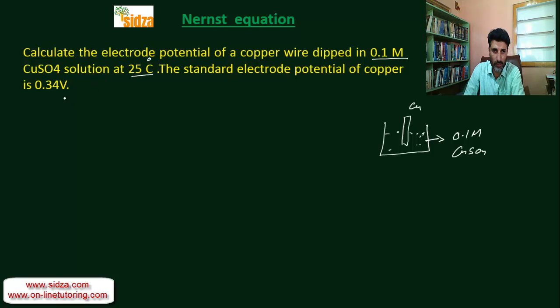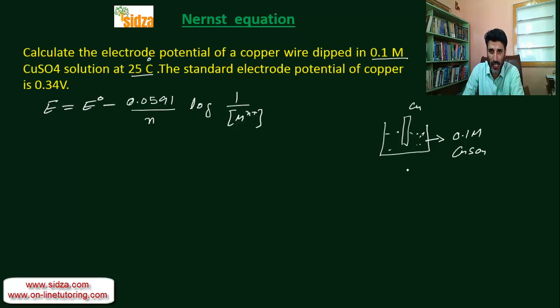According to the Nernst equation, the electrode potential is equal to the standard electrode potential minus 0.0591 divided by n, log of 1 by the metal ion concentration. This is what we just learned.